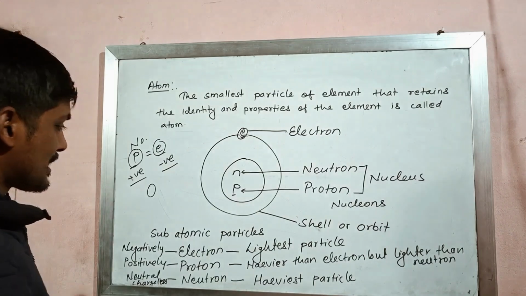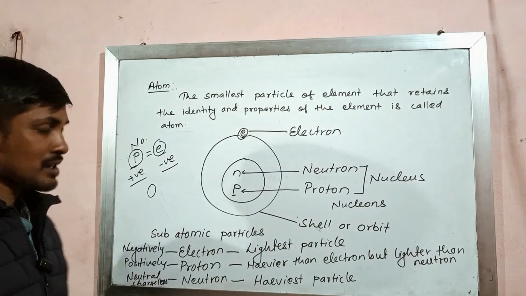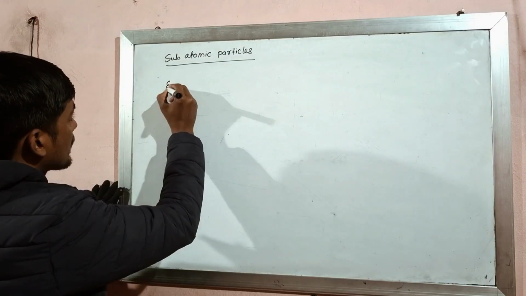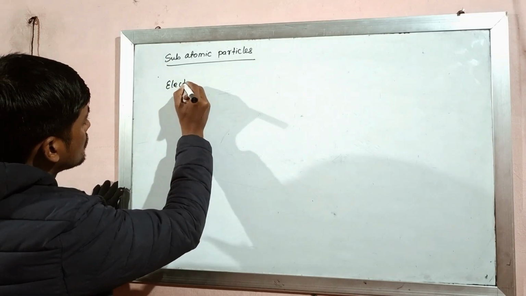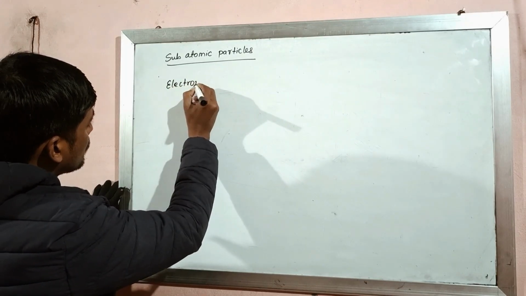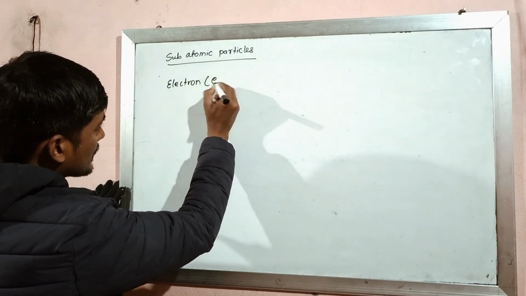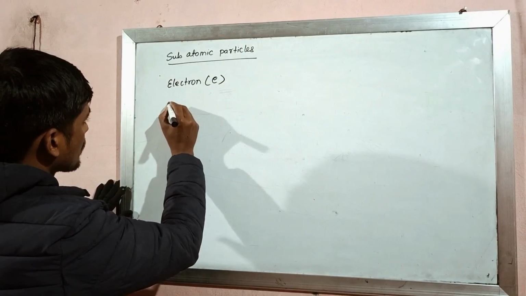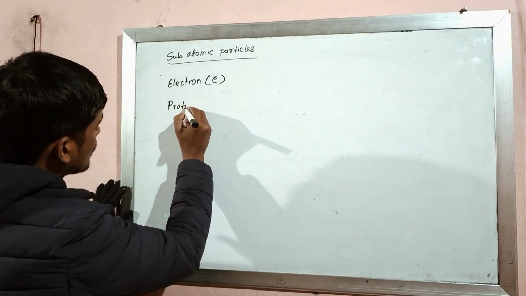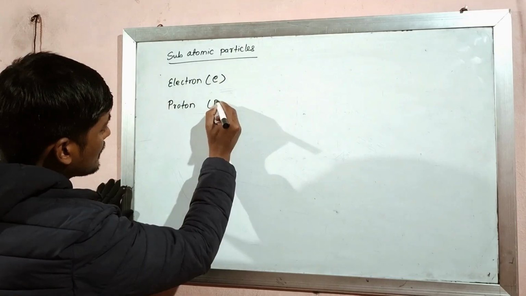Now let us talk about these subatomic particles. Electron, represented by e, proton, represented by p.